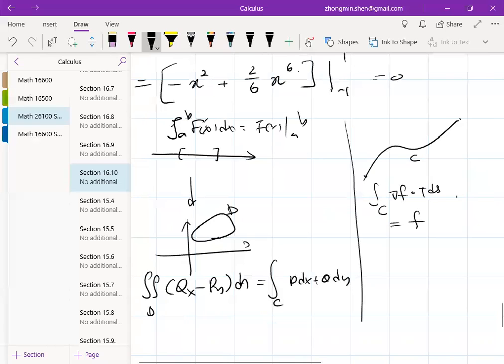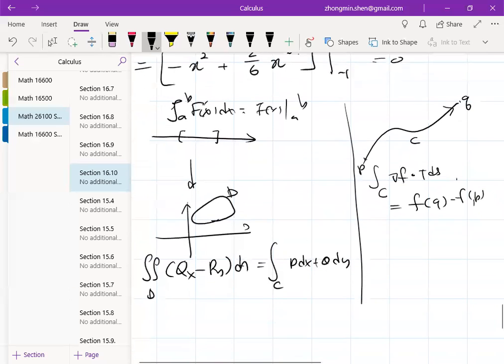And this is going to be the difference at the two end points, which is going to be f(q) minus f(p). Right? So I can also make this flat domain be a surface. It's going in that direction.